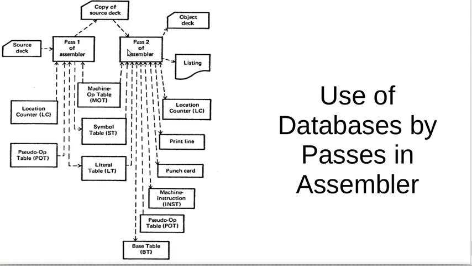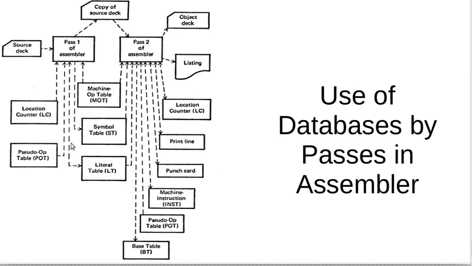Now pass 1 and pass 2 use the same database in 3 cases. They use the same machine op table, the same symbol table and the same literal table. All the other databases used by pass 2 are new. There are the listing, location counter, print line, punch card, machine instruction workspace, pseudo op table and base register table.